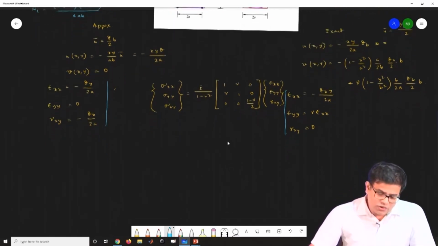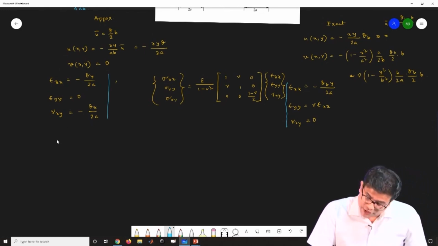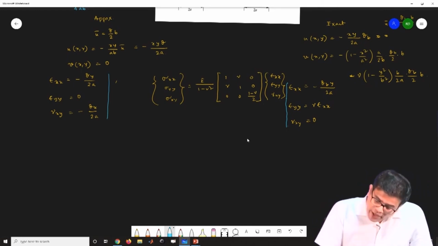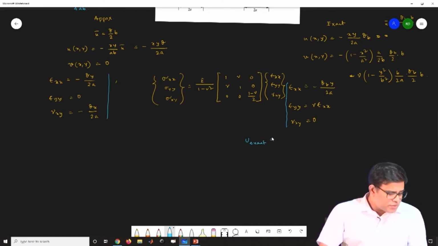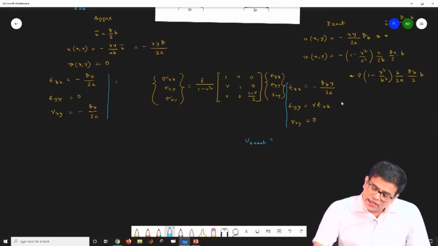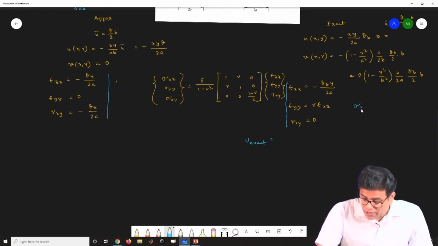Now with these strains and stresses, if I calculate the strain energies, what happens? Let us look at the strain energy. Let us calculate the exact strain energy first, U exact. If epsilon yy is nu epsilon xx, and I substitute that, then naturally sigma yy is 0 here and sigma xy is also 0 here.